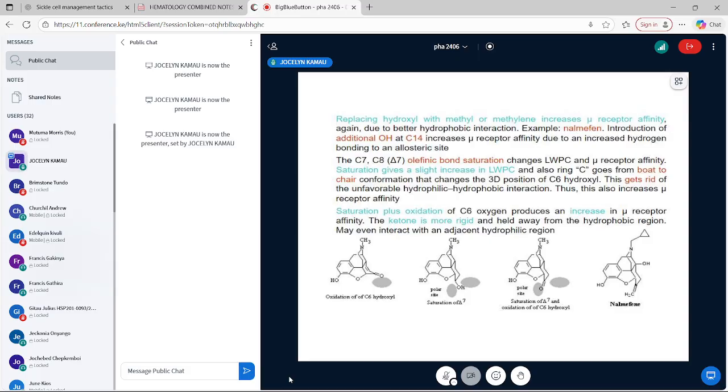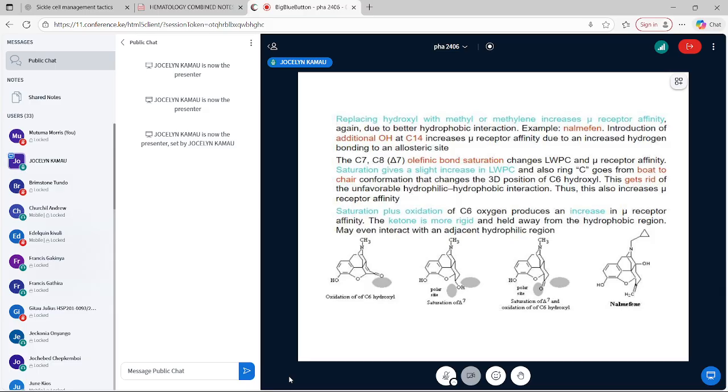We explained that once you make it between 3 and 5 carbon atoms, you bring about steric hindrance, and therefore the molecule is not able to interact with the receptor. We discussed all that, but I did not explain the reason why. We also discussed the 7-8 double bond, its saturation and oxidation of the 6-hydroxyl group. We only mentioned changing the conformation of ring C from boat to chair.